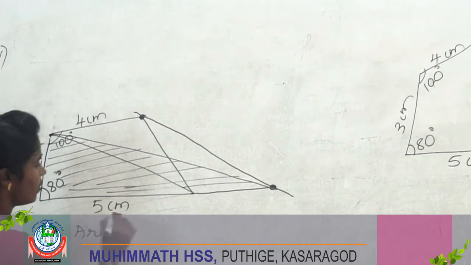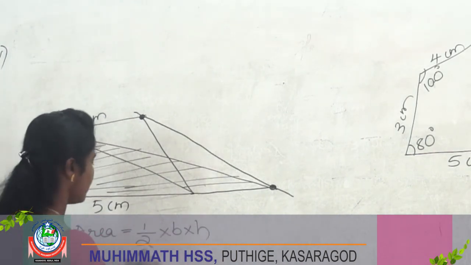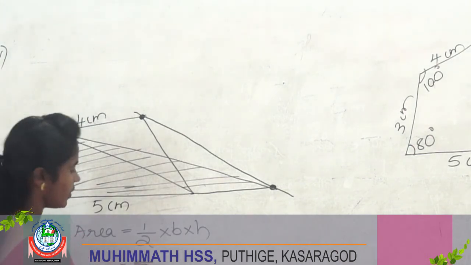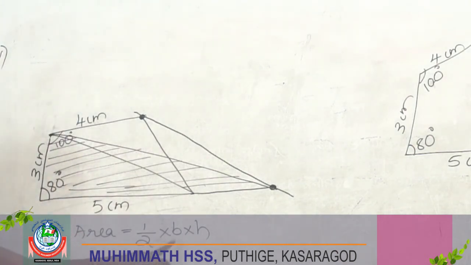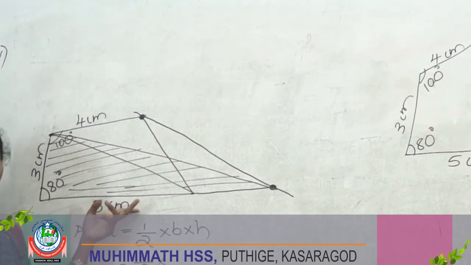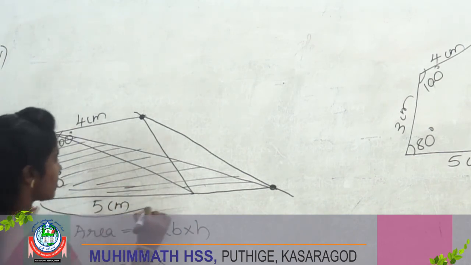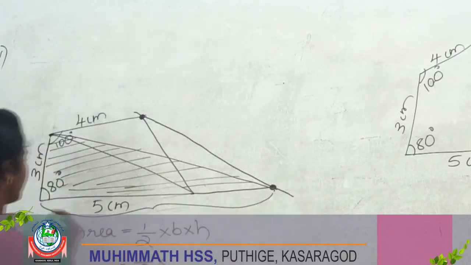Area equal to half into base into height. Half into, what is the base here? Here the measurement is not correct. So you draw this figure in your notebook by using correct measurement, and calculate the length of the base of the triangle.